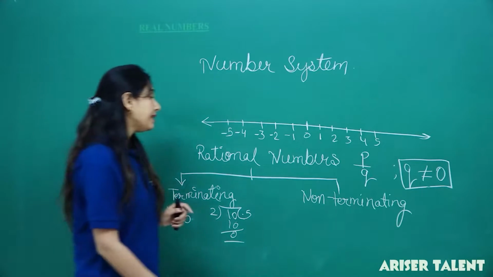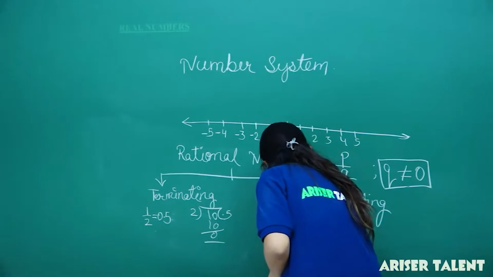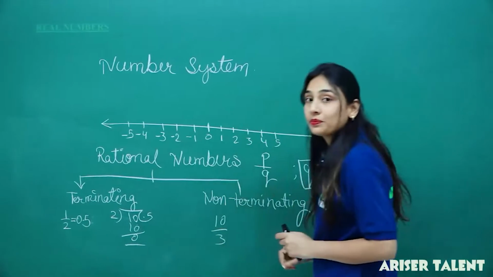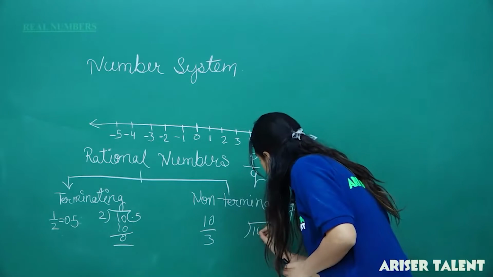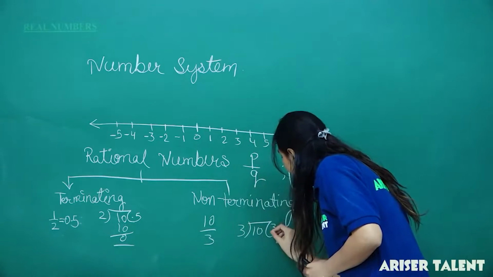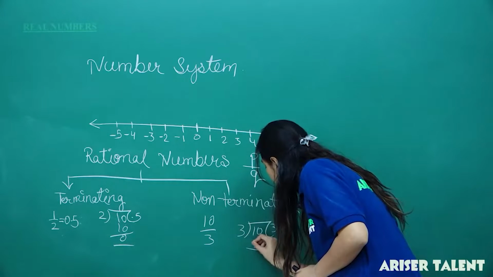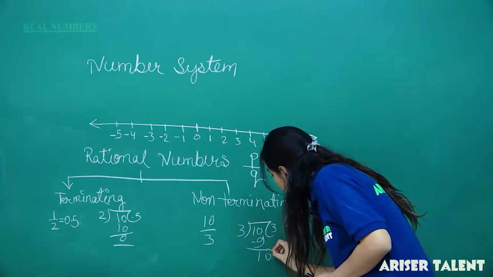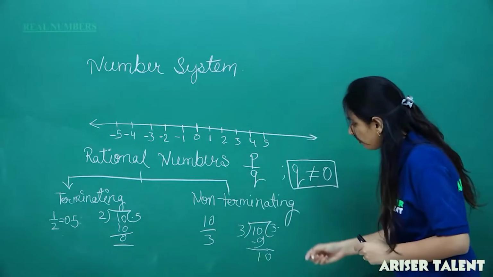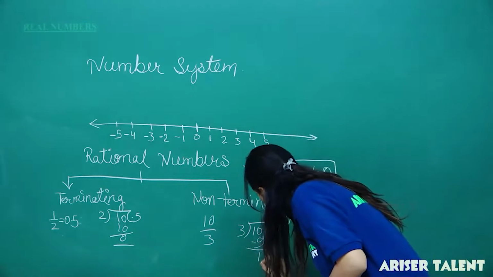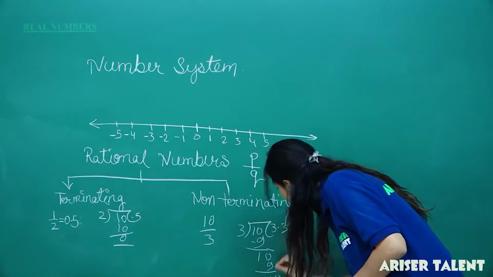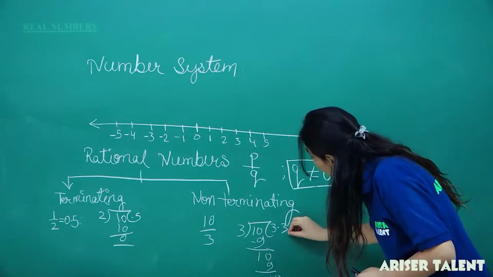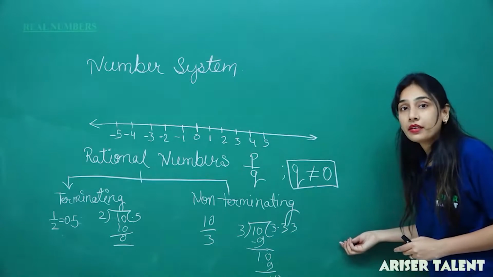Now, if I take a fraction like this, 10 by 3. Now solve this, students, with me. 10, 3 times 9 minus, we'll put a decimal here, again 9, 3 times, again 1, and this process is not terminating.